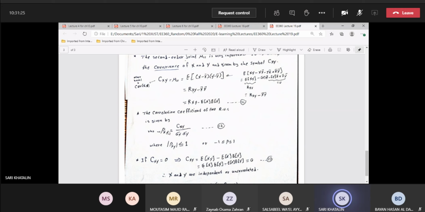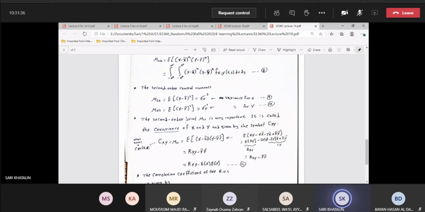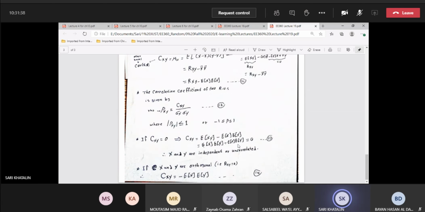And how do we find the correlation coefficient? First you need to find the covariance, which is right here, and you divide it by the standard deviations of x and y. Now, if the covariance is 0, it means x and y are uncorrelated.